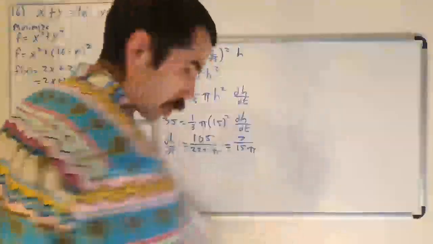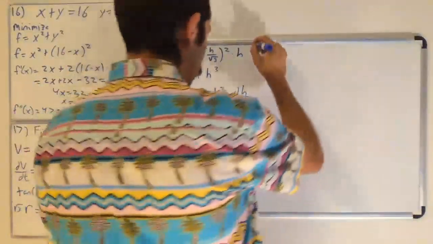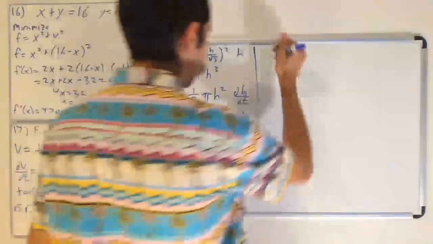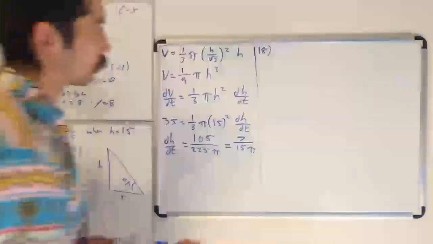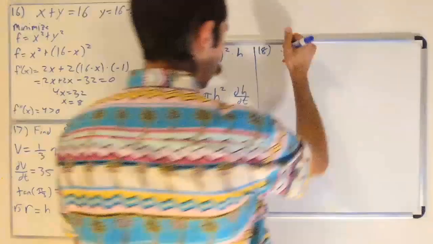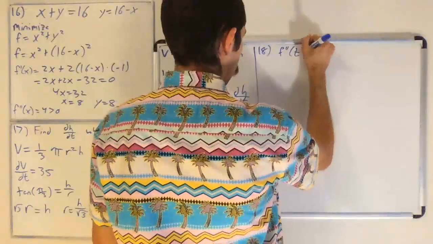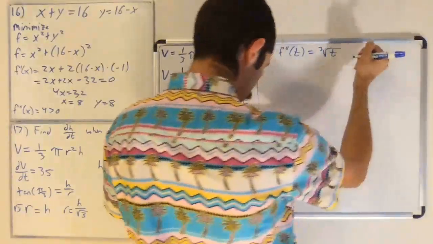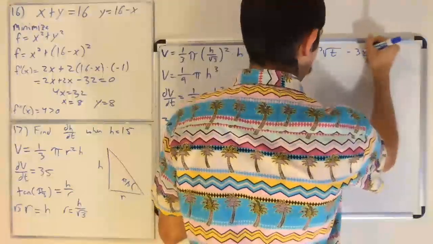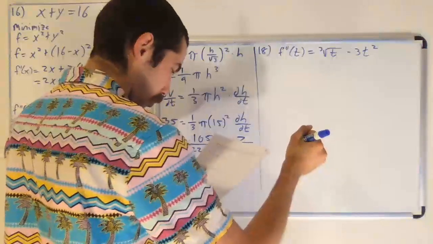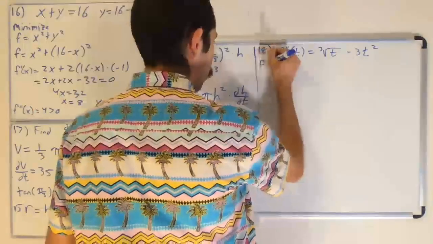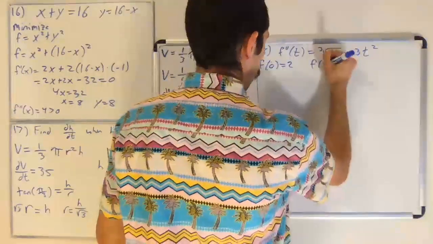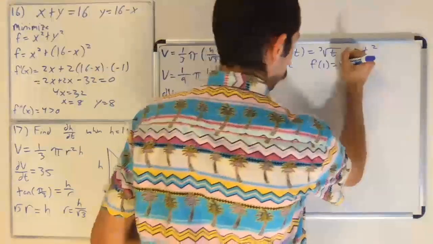Let's see if I can get a little bit more space so I don't have to erase anything. The last question, number 18. f double prime of t is equal to the cubed root of t minus 3t squared. f of 0 is equal to 2, and f of 1 is also equal to 2.